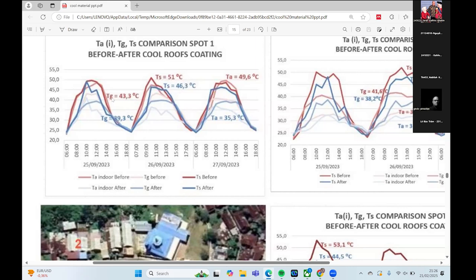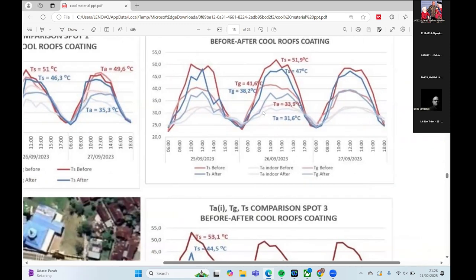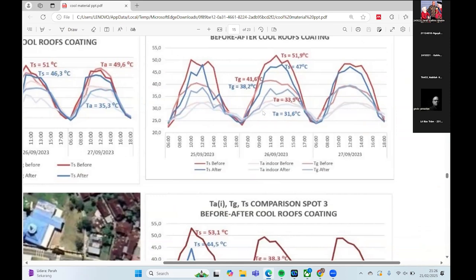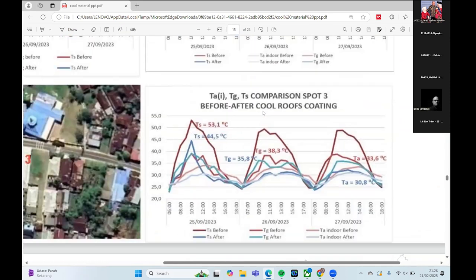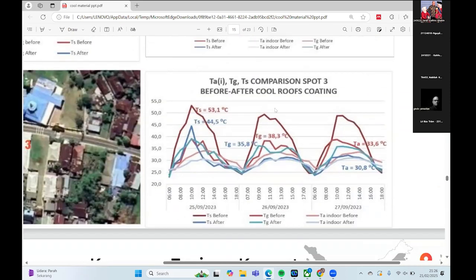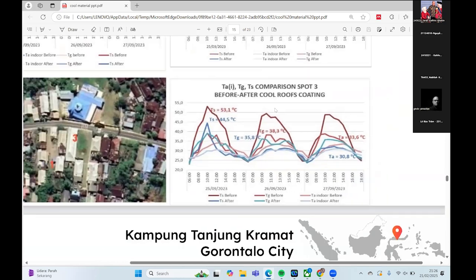This is globe temperature, which we call radiation temperature. Before is 43 and after is 39. This is another spot also showing decreased air temperature, surface temperature, and radiation temperature. This is another spot. All these spots are in one city, one area.